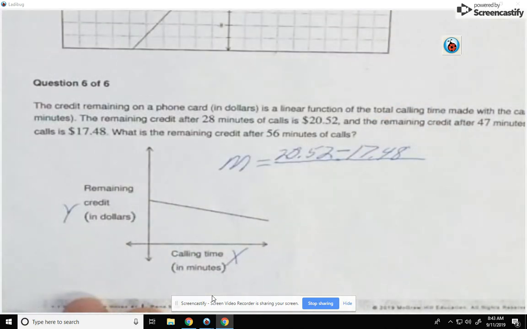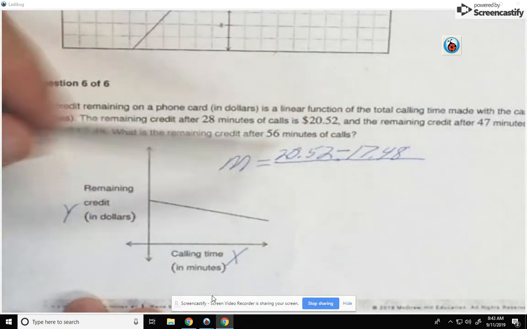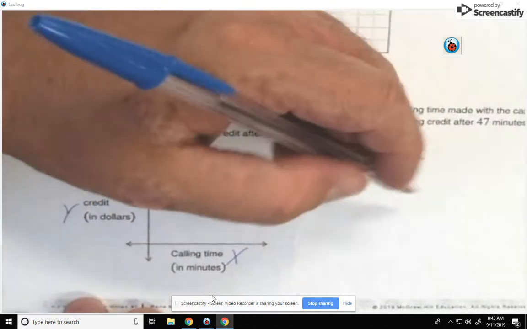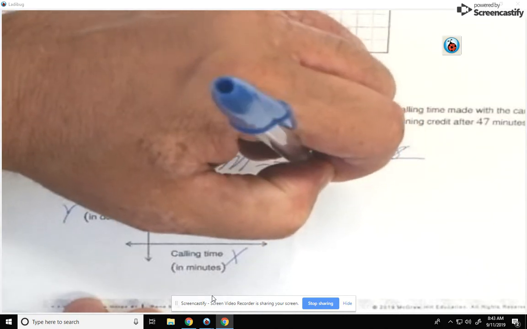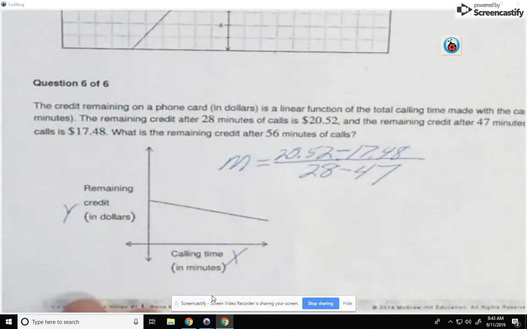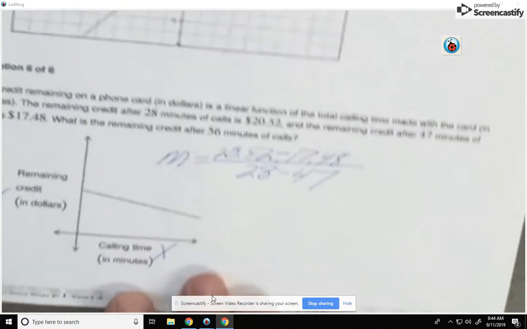That is over the difference in our x's. Our x is our time, which was 28 minutes and 47 minutes. So we get 28 minus 47 on the bottom.